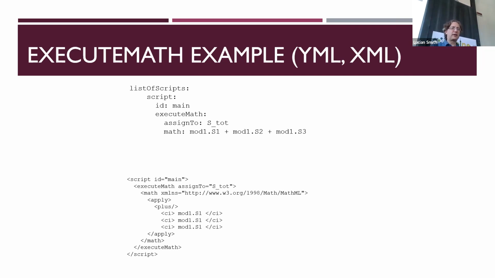If you did it in YAML, you could do sort of the same sort of a plus object with child, like, you apply the plus to mod1.s1. Oops, I didn't change the names, but anyway, S1 plus S2 plus S3.